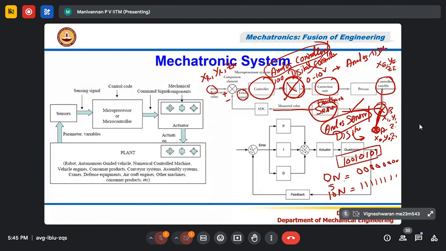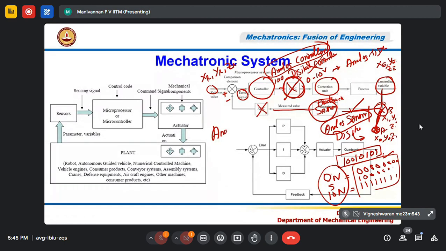If it is 5 Newton, it will be 1, 0, 0, 0, 0, and so on. Like this, there are 256 steps. This is called a binary number. So my sensor measures the force 0 to 10 Newton and provides a binary number from 0, 0, 0 to 1, 1, 1, 1. If the sensor gives a binary number directly, in that case, I don't need an ADC.